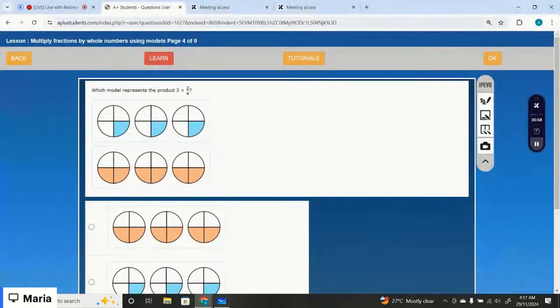3 times 2 by 4, which is the correct option?